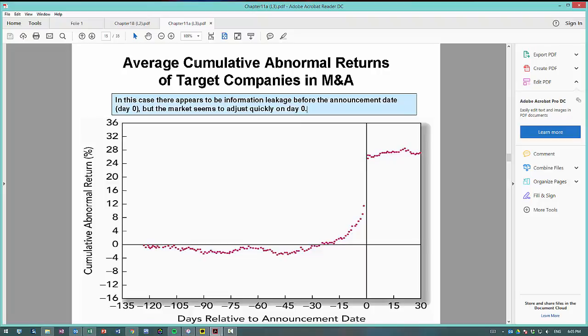Don't worry about whether there is average or not. But what they did was they took, let's say, 100, 200 companies, and they analyzed each of them according to the price pattern 2 weeks prior to an announcement, and then they just averaged them out. Okay, so the average here is of all of the companies where each of them would have some kind of abnormal return, if there is one.